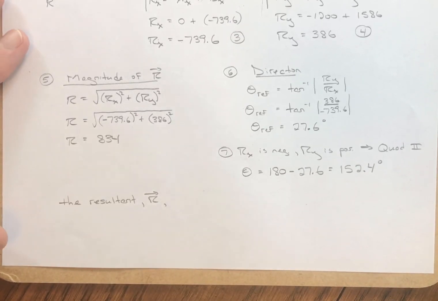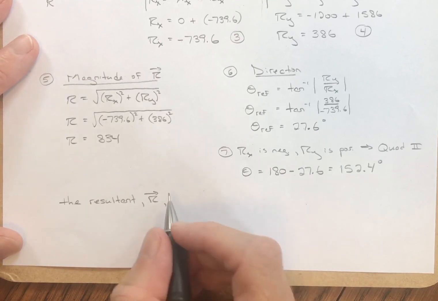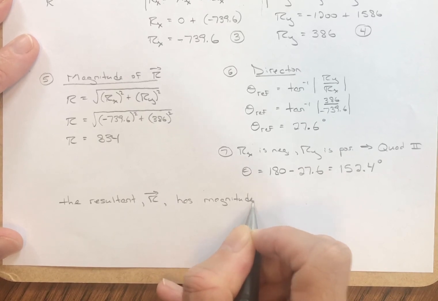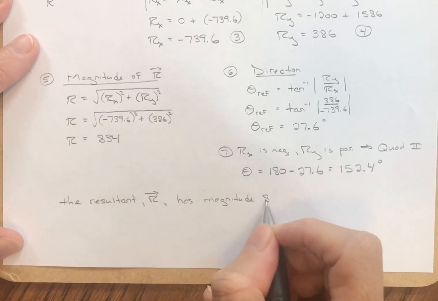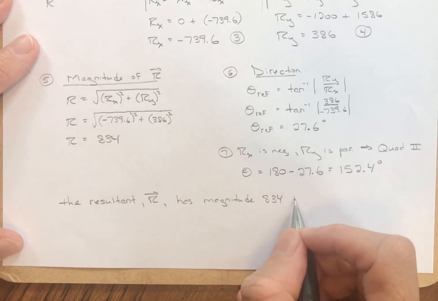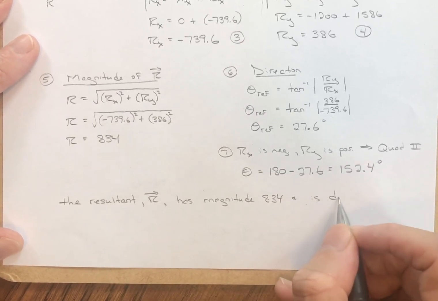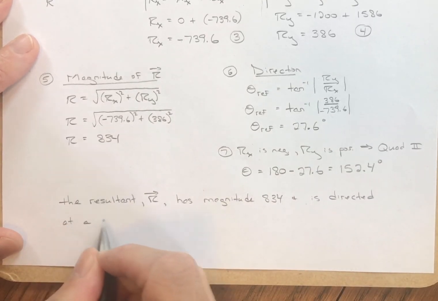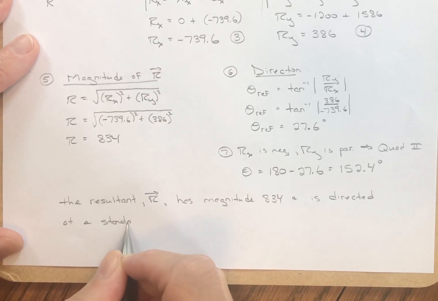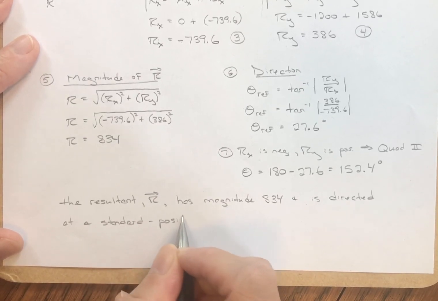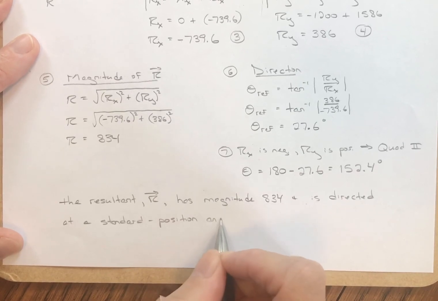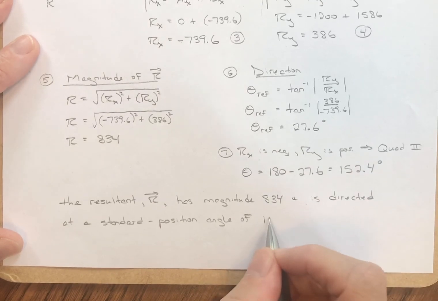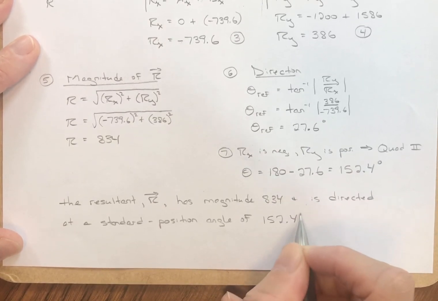The resultant is the sum, in this case, of A and B. The resultant has magnitude right here, 834 units, and is directed at a standard position angle of 152.4 degrees. And there you have it.